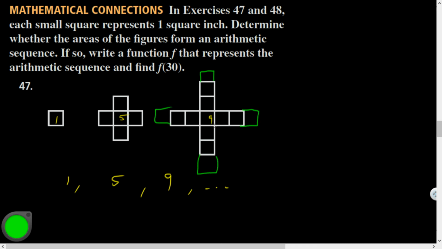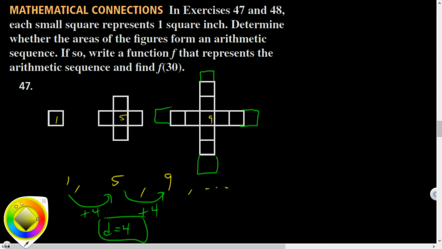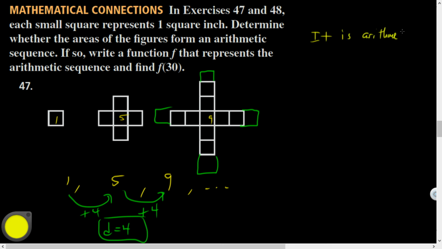And that would be 4 boxes that get added. And that's why you're saying I would just add 4. And that plus 4 is what I would refer to as our common difference, d. All right, and because there's a common difference here, then I could say that this is an arithmetic sequence. So that's the first answer. It is arithmetic.